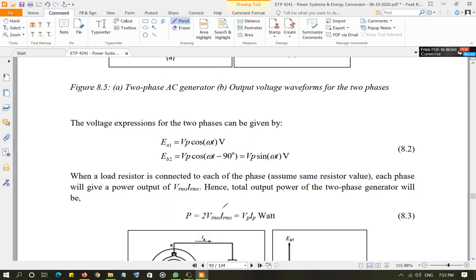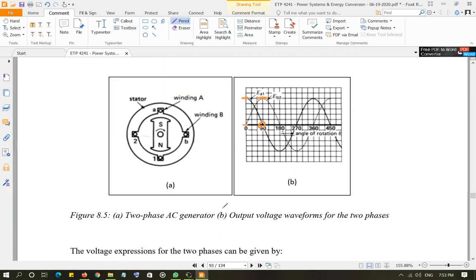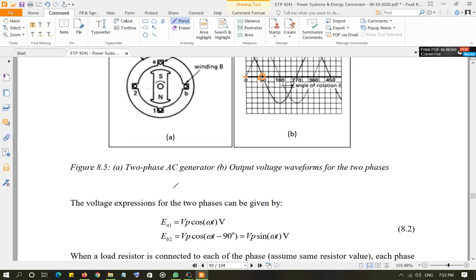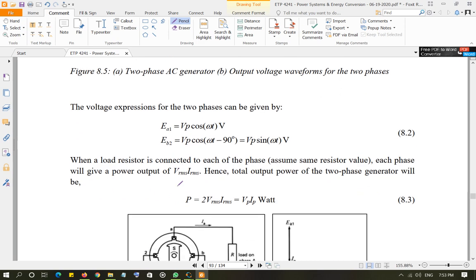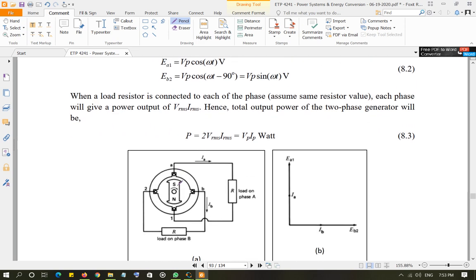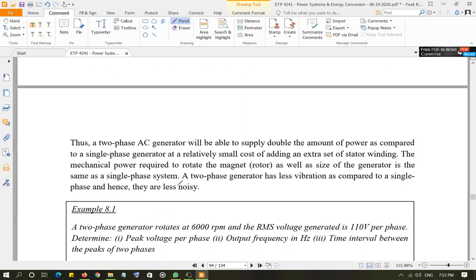Now, just by making a small arrangement in the same generator, remember, the rotation speed is not changed, your magnet is the same, and the power that you are giving to rotate the magnet is the same, from any source, any turbine. Just by doing an extra arrangement of winding, you start getting double the amount of power as compared to single phase.